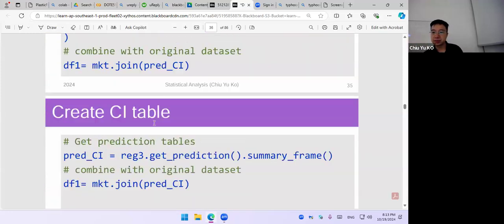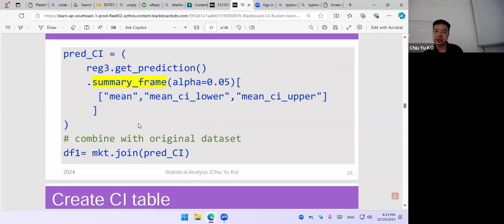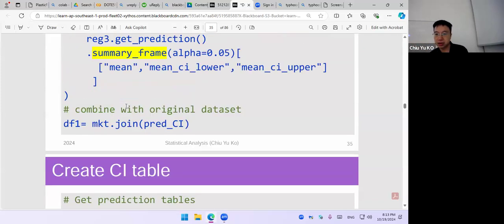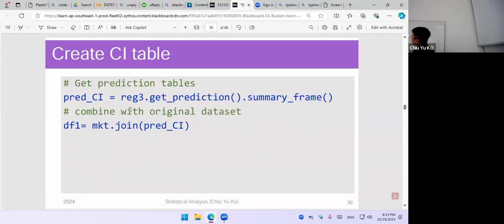Maybe this one is easier, same slide, so use this one, it's better. Just forget about that slide. So you would take regression 3, use get_prediction, and then a DataFrame. And you don't need to tell it what data you're predicting, because it will get the prediction for all existing X.